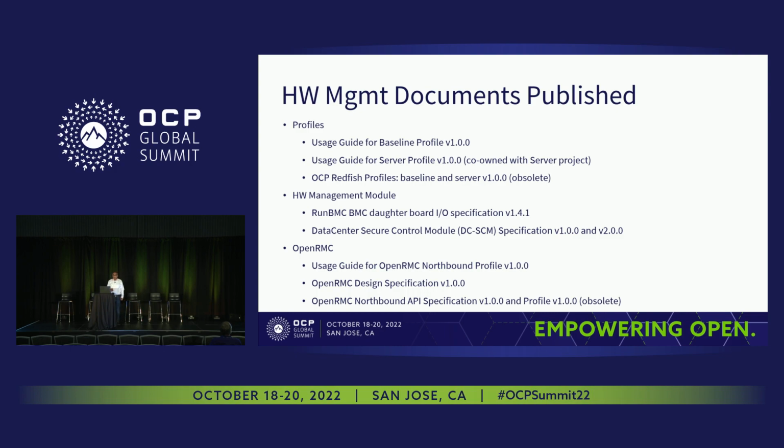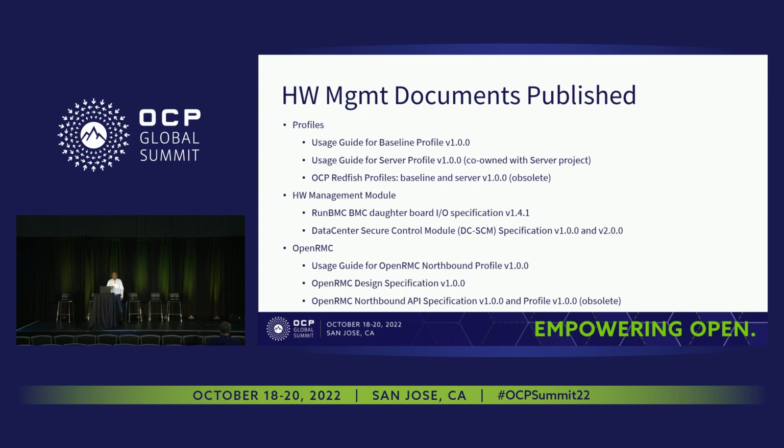On the hardware management module side, we have Run BMC, which is the daughter I/O card specification that's been published, and then DCSCM, both 1.0 version and 2.0 version. OpenRMC is similar to profile. It has its own usage guide for the not-bound profile. The design spec is also released.